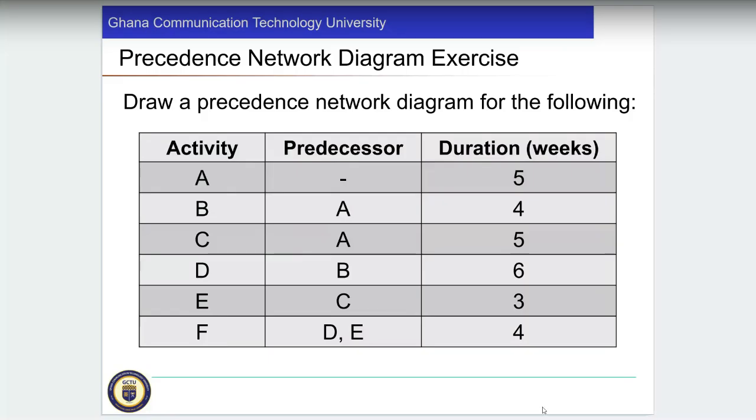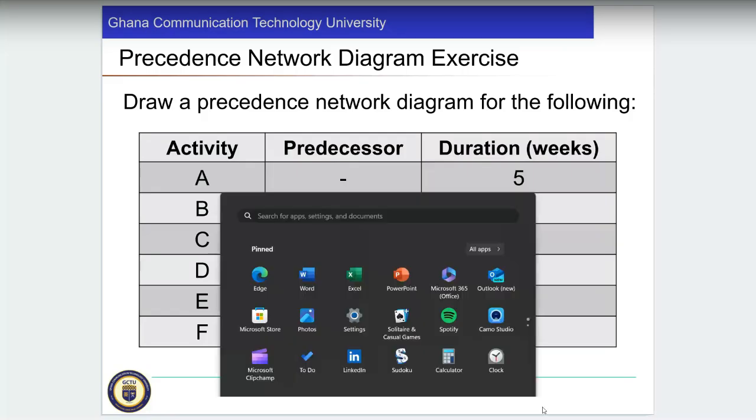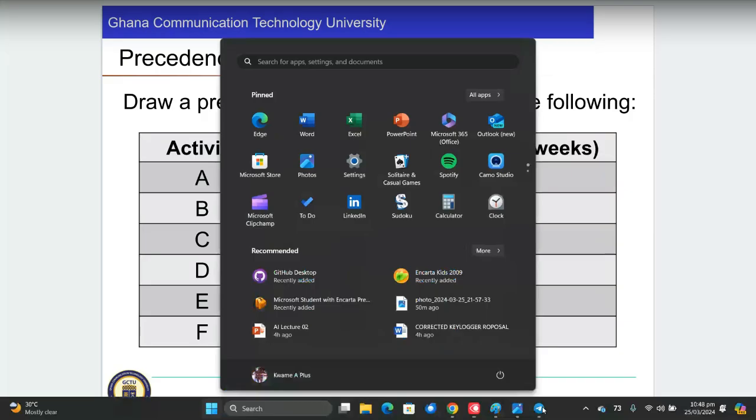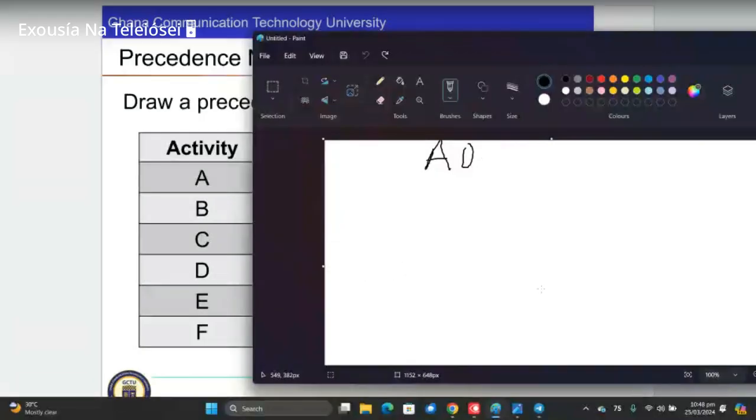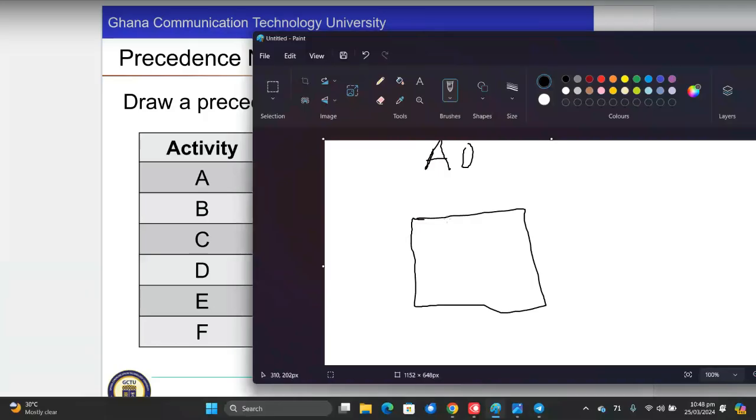The only thing I told you the other time is that on the precedence diagram, it is a box like this, with two columns, or three columns and one row.